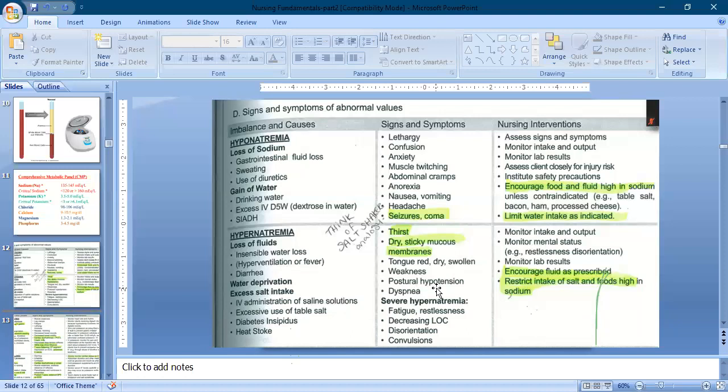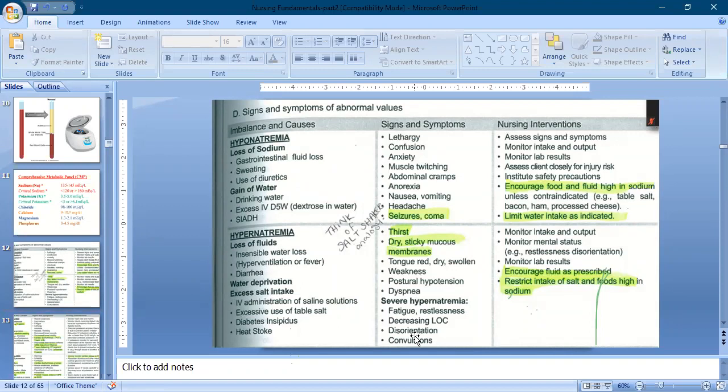Postural hypotension means blood pressure changes because of a change in posture. In case of severe hypernatremia, the patient's level of consciousness, shortly called LOC, decreases, or the patient will be confused or disoriented. They cannot tell about the place, time, right?